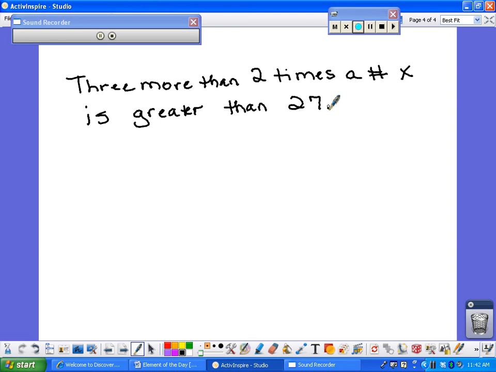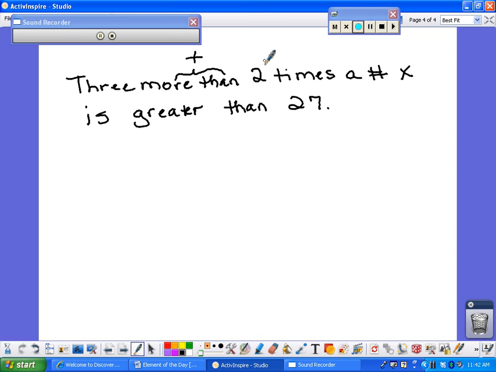Students have a lot of trouble with translating those into algebraic phrases. But 3 more than, the "more than," okay, is not asking you for an inequality sign. It's simply saying it's addition.